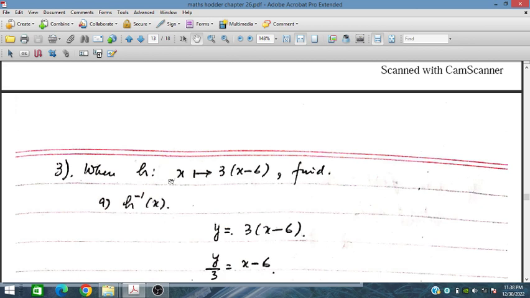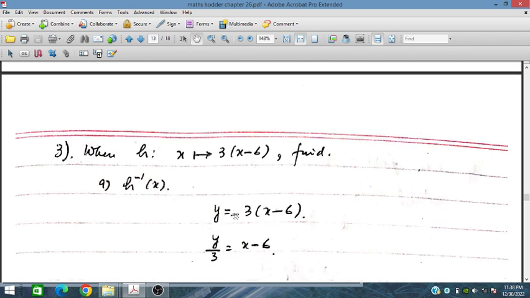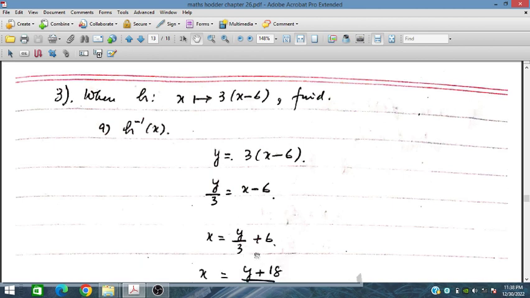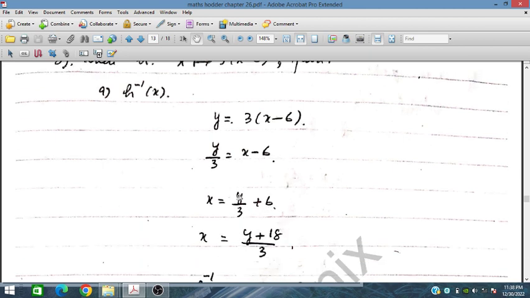Next, h(x) is 3x minus 6, and we have to find h inverse of x. y is equal to 3x minus 6, and we shift it, so x is equal to y upon 3 plus 6, or (y plus 18) divided by 3.